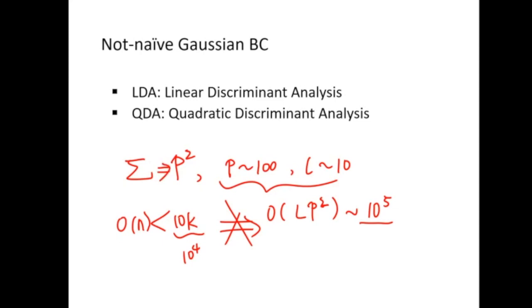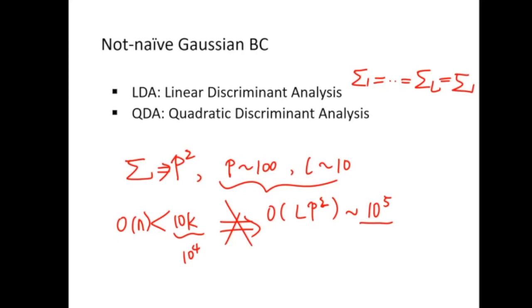First of all, I have to estimate sigma 1 through sigma L. Rather than estimating all of them, the simplest simplification is to just assume they're the same. This is the first trick, and using it we get the famous classifier called linear discriminant analysis, LDA.